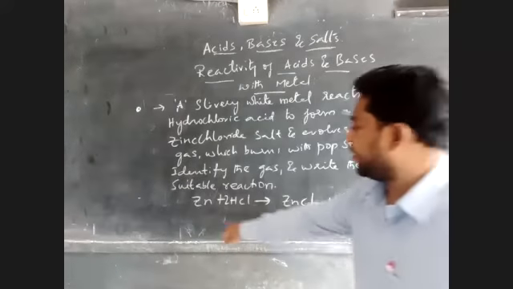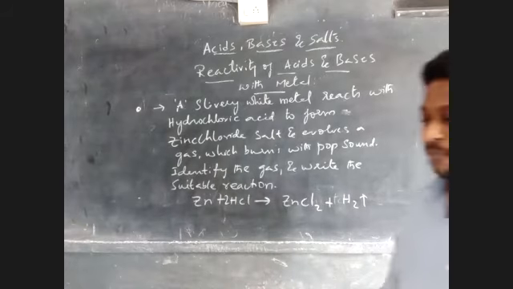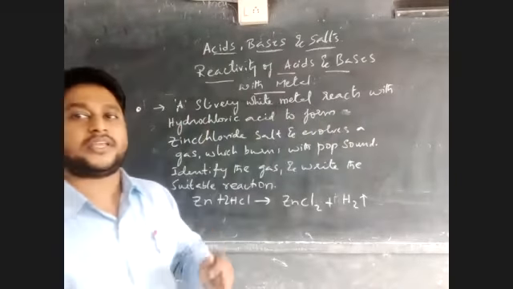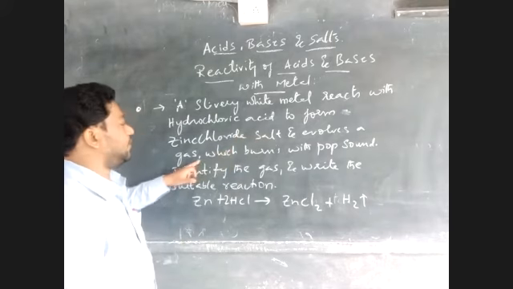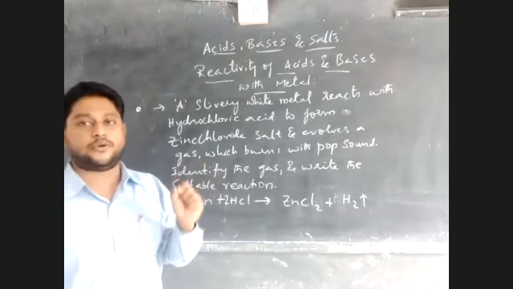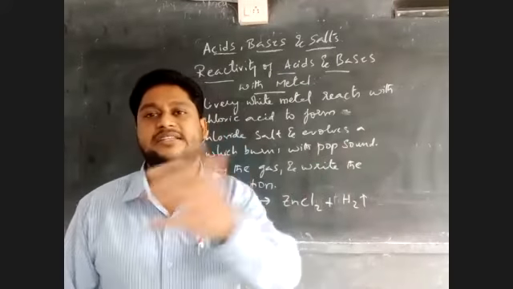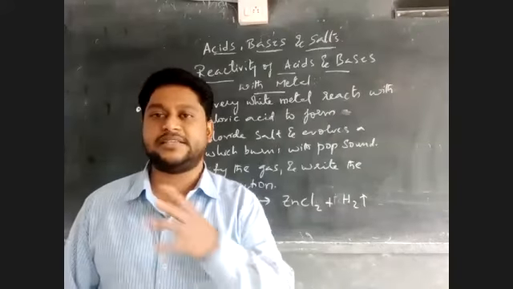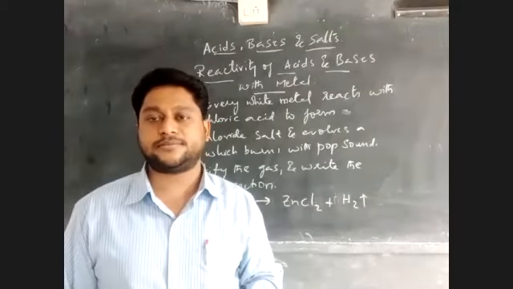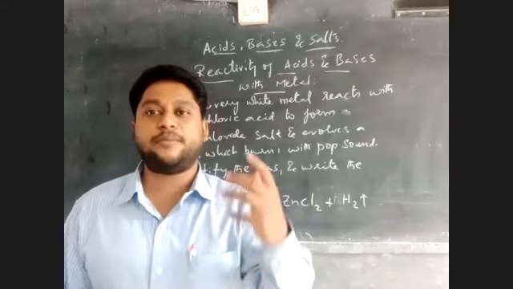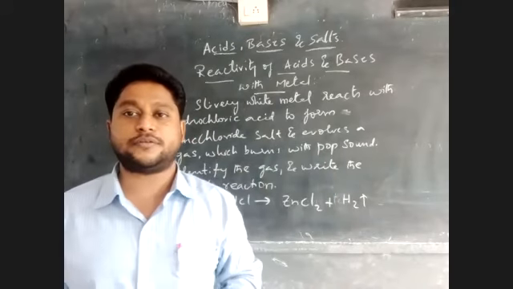Under this you can write: metal reacting with acid gives salt plus hydrogen gas. So the thing you have to remember here is the evolution of a gas which burns with a pop sound, that is only hydrogen. If the question is about a gas X being evolved, which does not have any smell or color, but when you bring a matchstick, the flame gets put off, you should know in the presence of which gas the flame is put off.